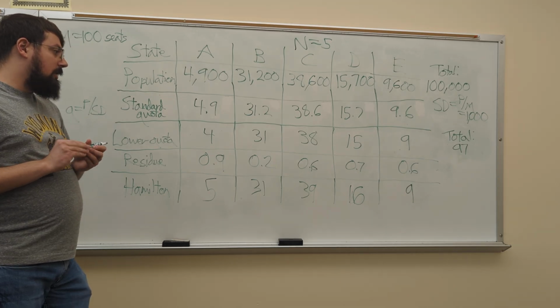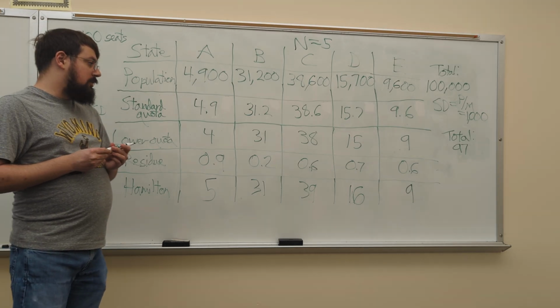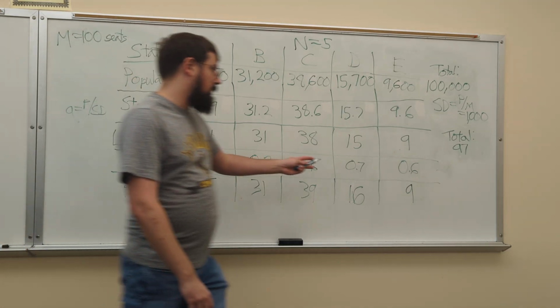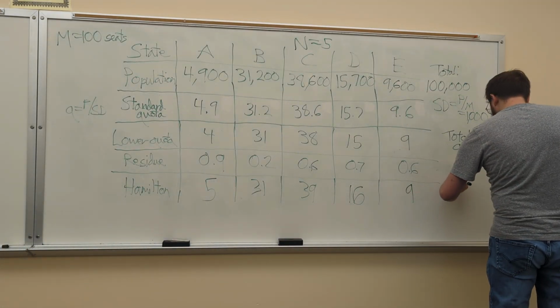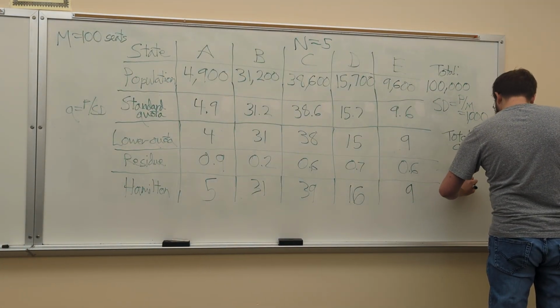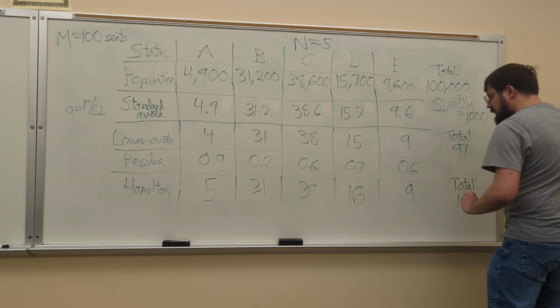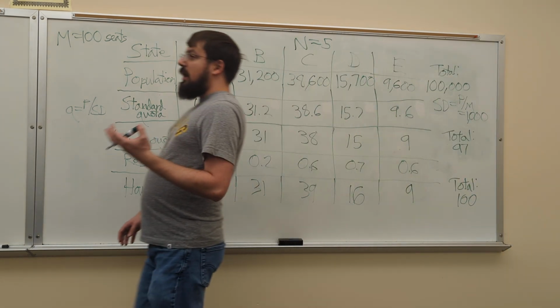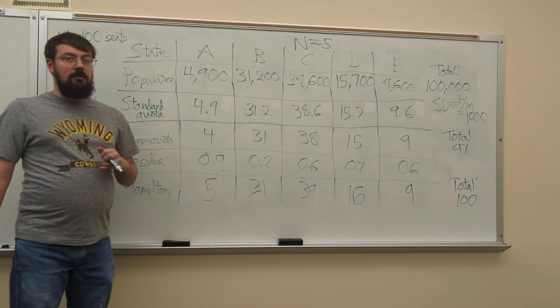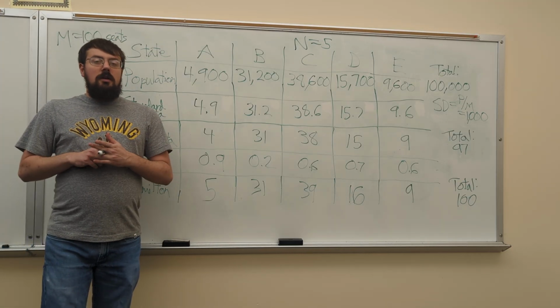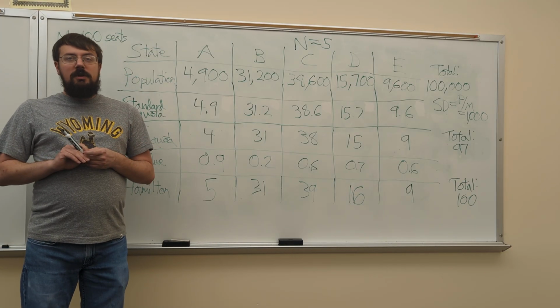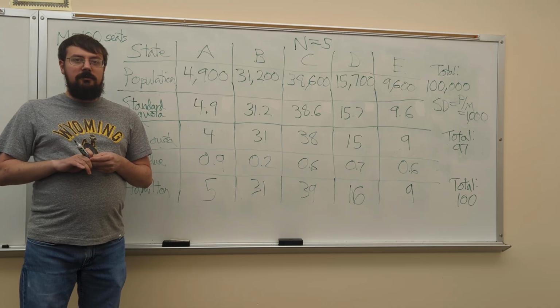So now, if we add all of these up, we do get a total of 100 seats. This is how we use Hamilton's method to apportion seats. There are a few problems with Hamilton's method that we'll talk about in a later video.